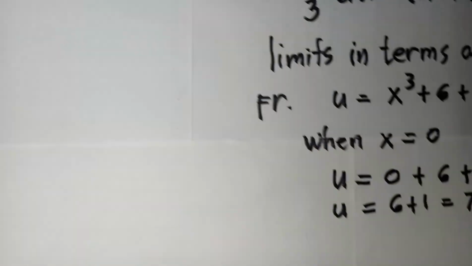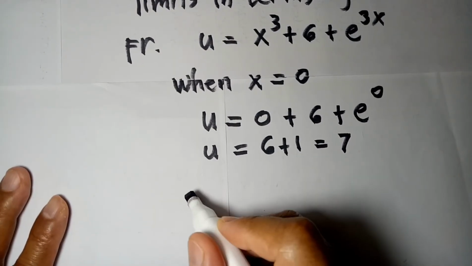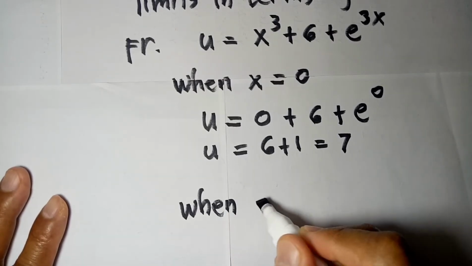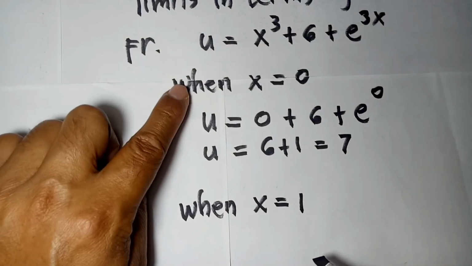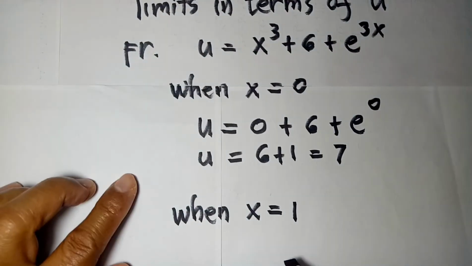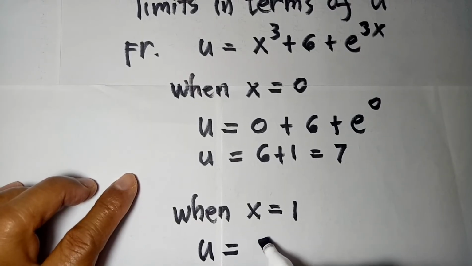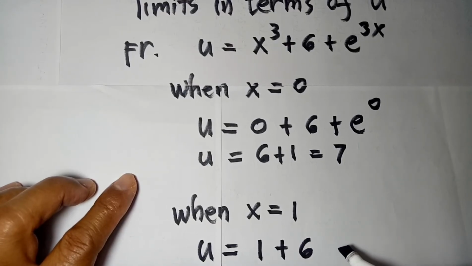Para naman sa upper limit in terms of u, so that is when x equals 1. So, mula uli rito, magkakaroon tayo ng u equals 1 cubed is 1, and then plus 6, and then plus e raised to 3.